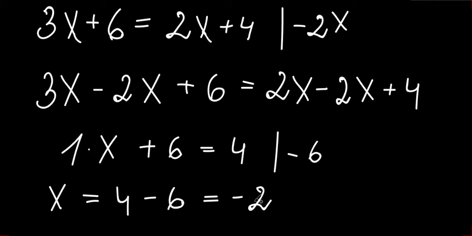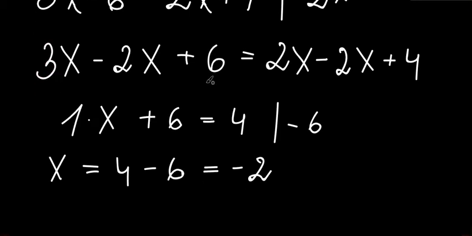And actually, I forgot to mention it earlier, you can check if you solved it right. So just put this minus 2 into this equation that you are solving. So let's say we have the equation 3x plus 6 is equal to 2x plus 4. Now we put minus 2 instead of x, and we should get a right equation.